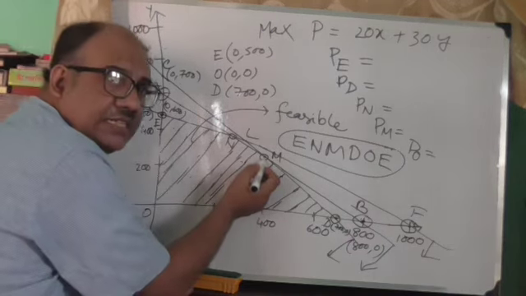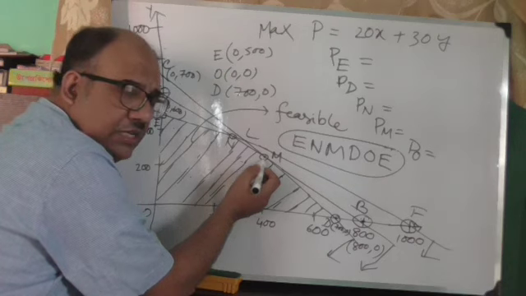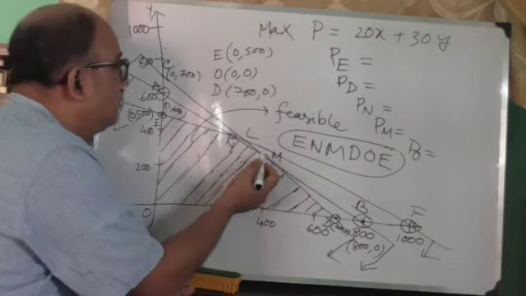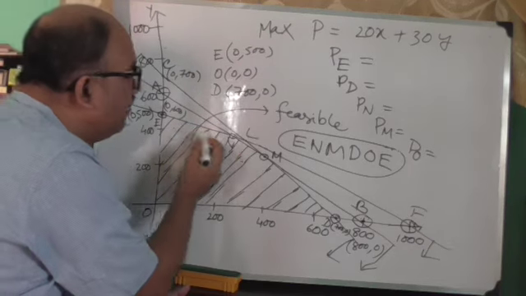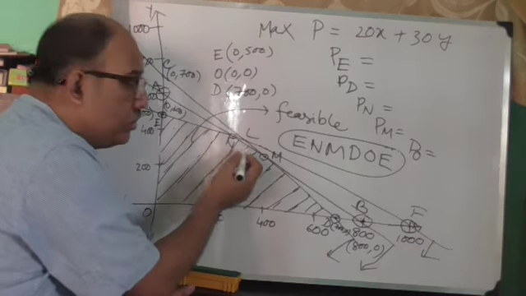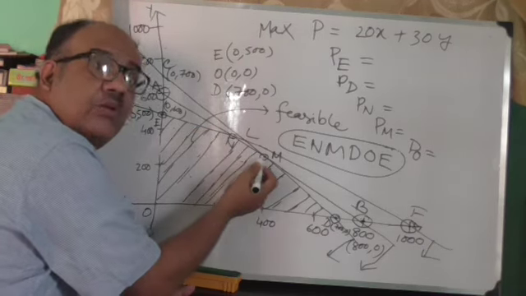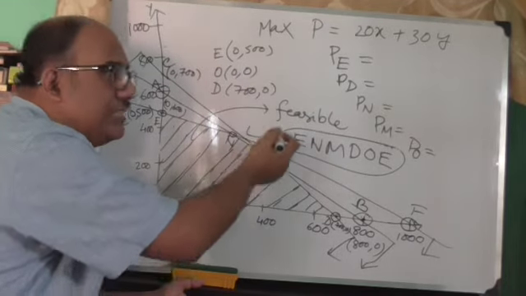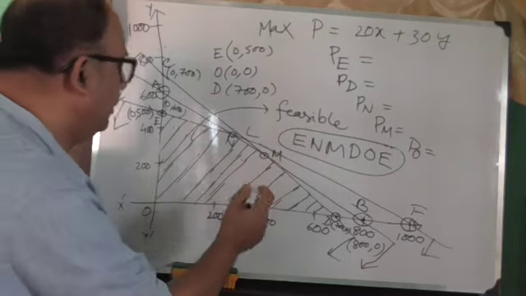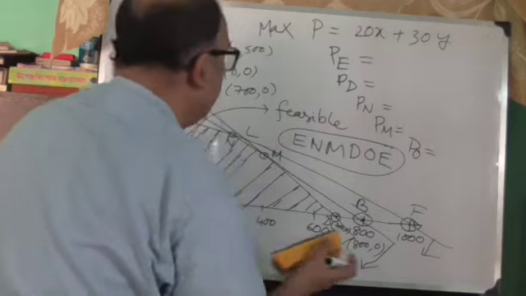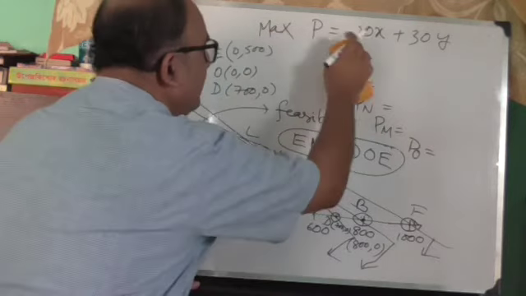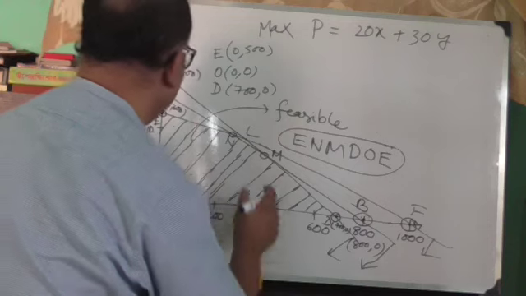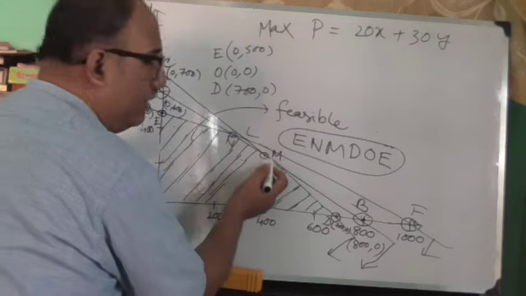So solving AB and CD, you can find the value of M, and solving AB and EF, we can find the value of N.